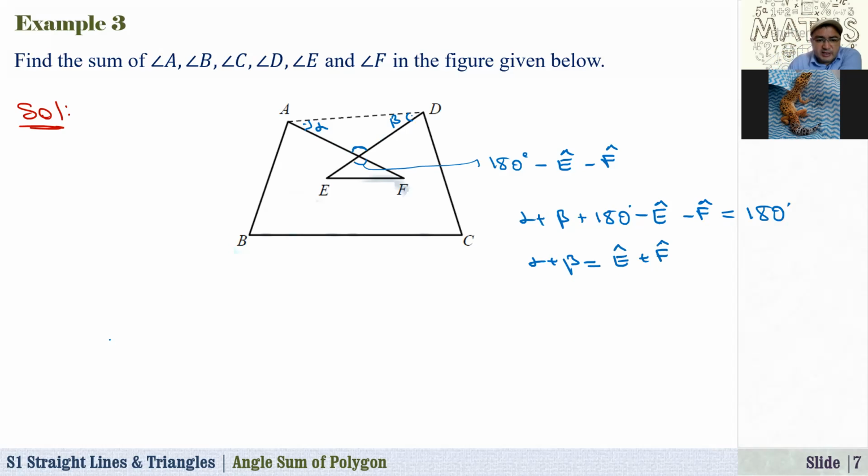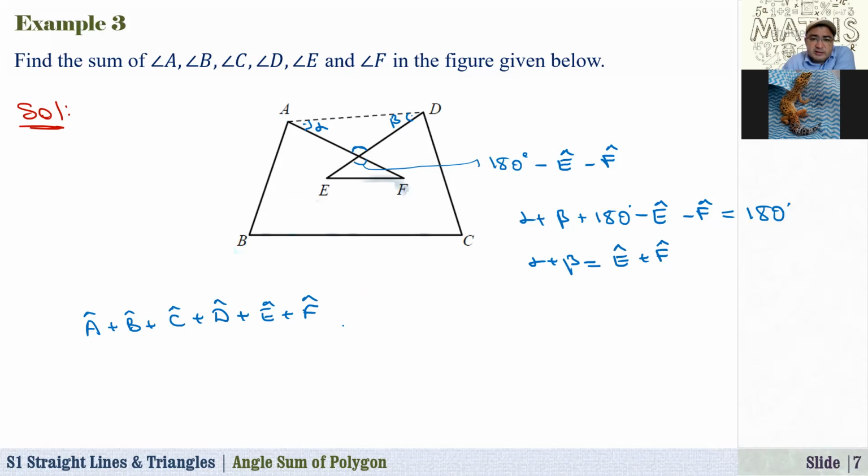So now if you just add these angles, angle A plus angle B plus angle C plus angle D plus angle E plus angle F, right? See here, if I just join AD, actually this ABCD, it gives us a quadrilateral.